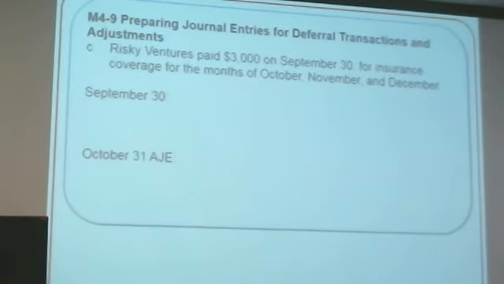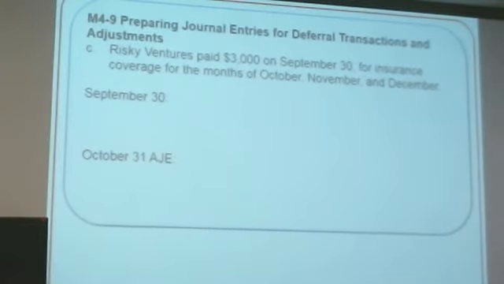Okay. Risky Ventures paid $3,000 on September 30th for insurance coverage for the months of October, November, and December.